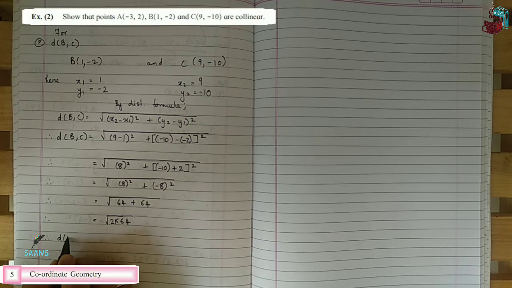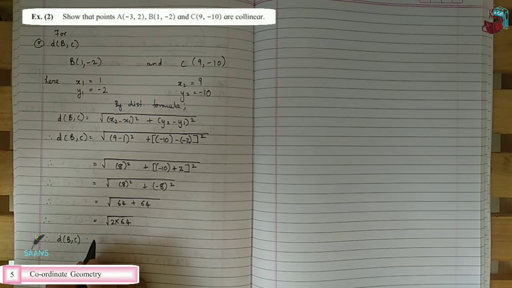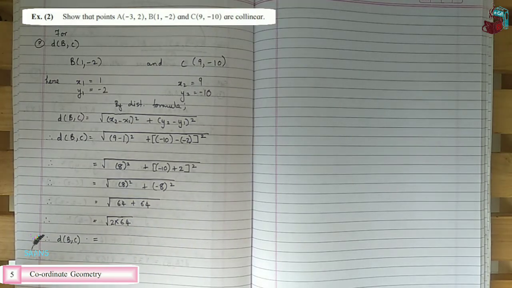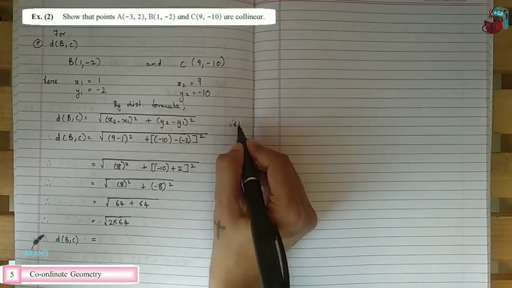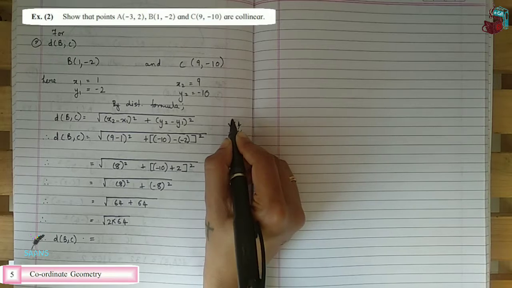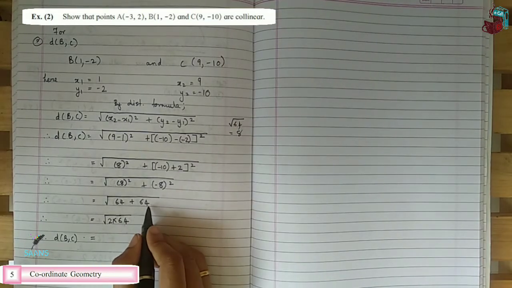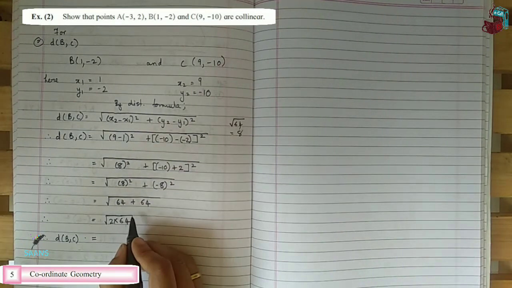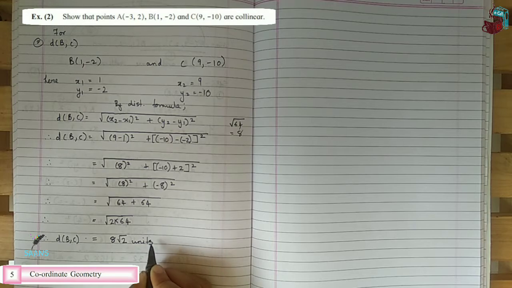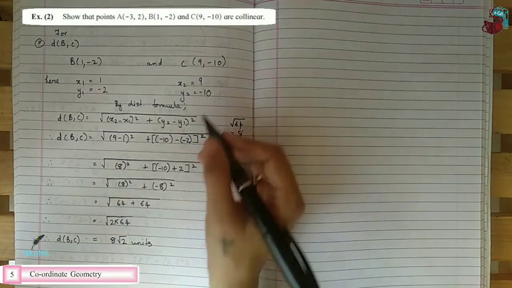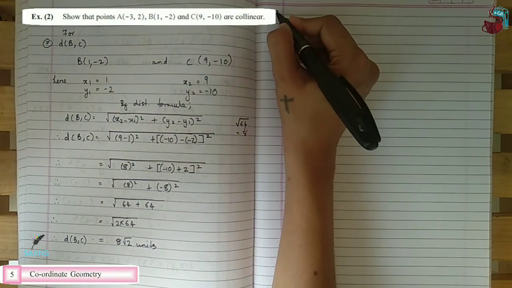So distance BC, see, if you know the squares of numbers, you will understand that under root 64 is nothing but 8. Means 64 is 8 square, and when you add 64 twice means you multiply 64 by 2. So 8 root 2 units.